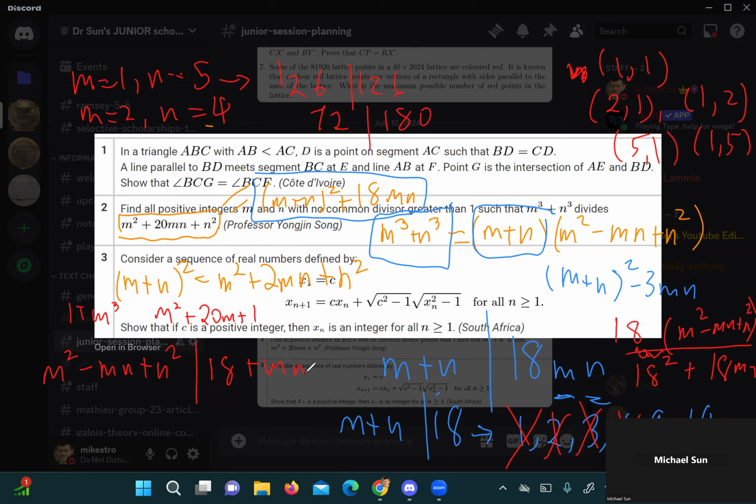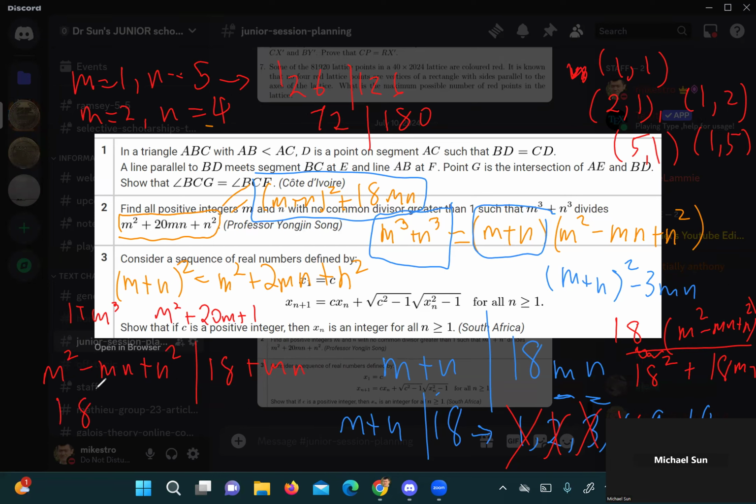So they can't really be co-prime. So m and n have to be factors. This is right.